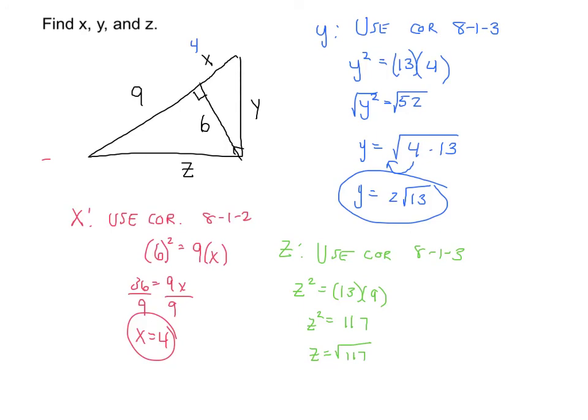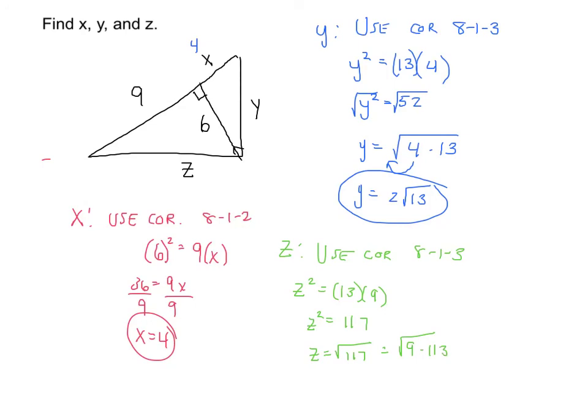Now you need to simplify. Remember, you're pulling out numbers that you know the square root of. So you know the square root of, not 2, not 3, but you know the square root of 4. Does 4 go into 117? No, it does not. So you also know the square root of 9. Does 9 go into 117? Well, obviously. So 9 goes into the square root of 117. So this is the same as square root of 9 times 13.